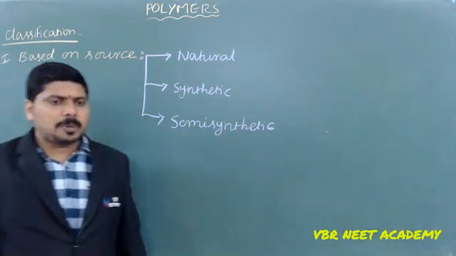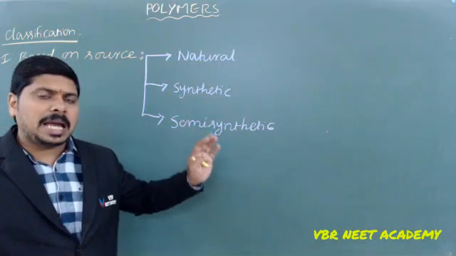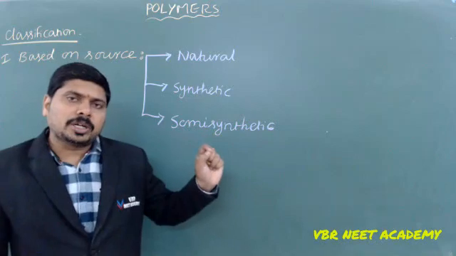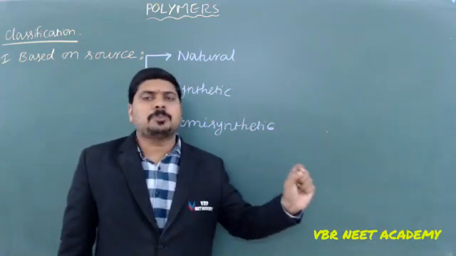What are natural polymers? Natural polymers are the polymers which are obtained from a natural source. They are called natural polymers.